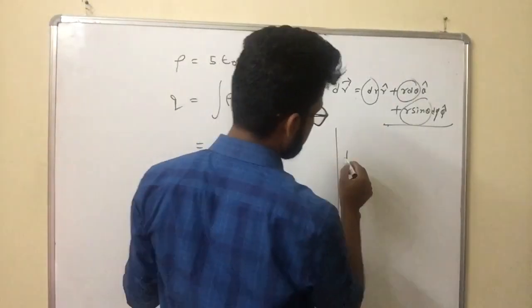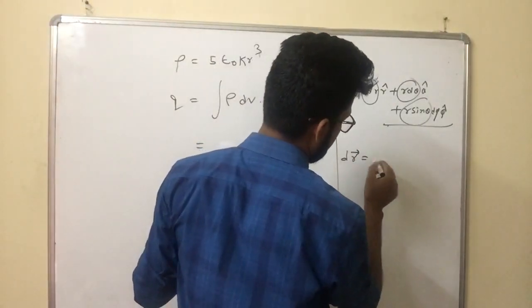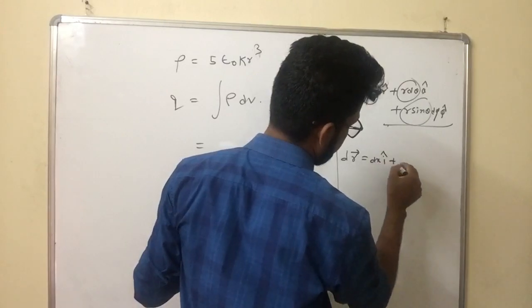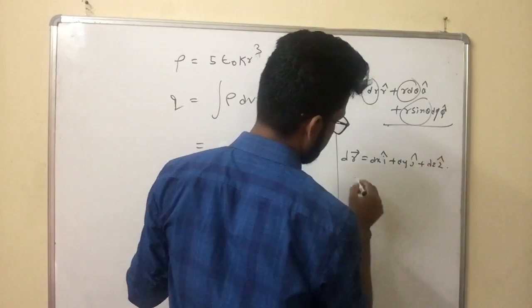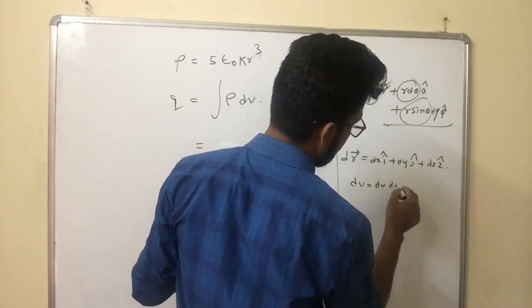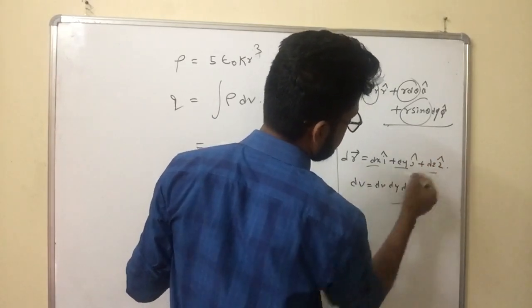And in rectangular system, how do we write elemental length? dx x cap, dy y cap, dz z cap. This volume equals dx dy dz, the product of the coefficients of the unit vectors.